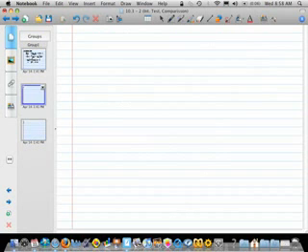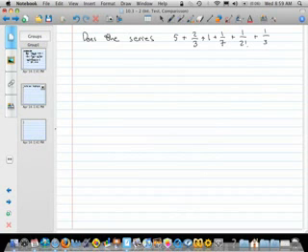Does the series 5 plus 2/3 plus 1 plus 1/7, I'm just making up a couple numbers here, plus 1 over 2 factorial plus 1 over 3 factorial plus 1 over 4 factorial plus dot dot dot converge?